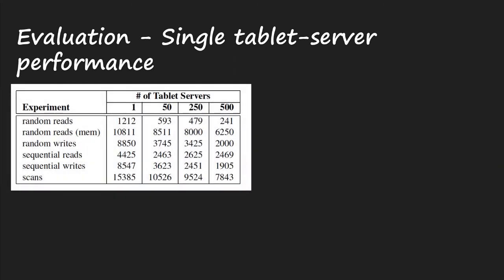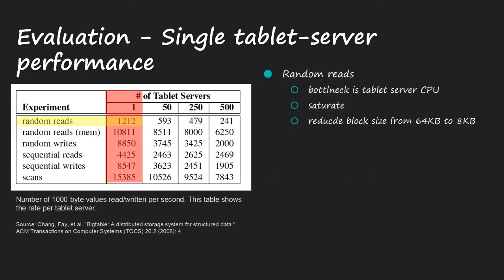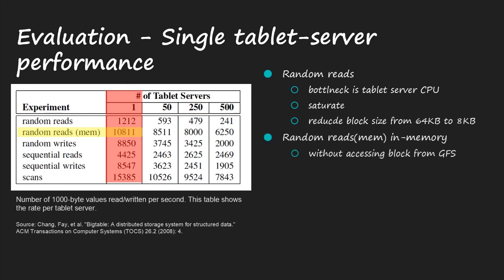And now let's move to the performance evaluation section. First of all, let's focus on the single tablet server performance. From this table, we can see that random read performs worse because its bottleneck is the tablet server CPU. We also see that random read in memory performs much better because there's no need to access blocks from GFS.